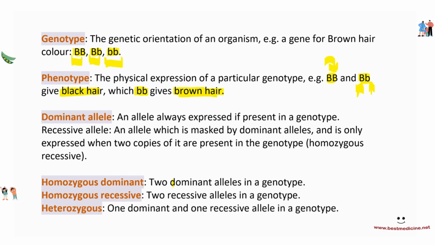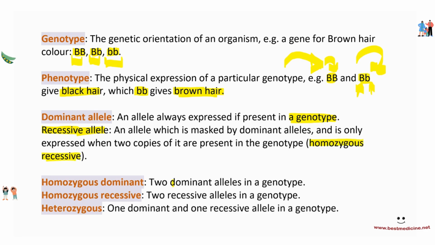A dominant allele is an allele that is always expressed if present in a genotype, right? Regardless of whether it is present in a homozygous dominant genotype or a heterozygous genotype, this will always be expressed. A recessive allele is an allele which is masked by dominant alleles. It is only expressed when 2 copies of it are present in a genotype, such as in homozygous recessive genotypes.